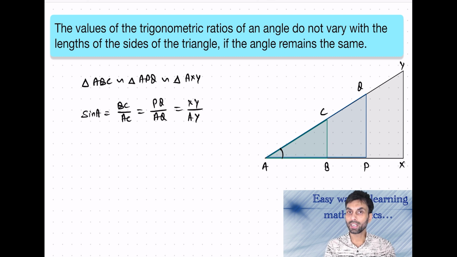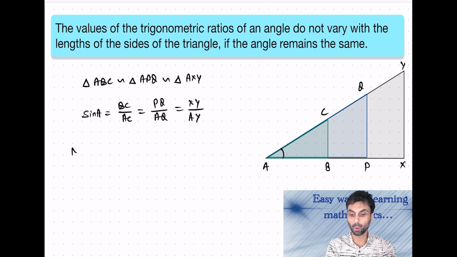In a similar way you can even find out for cos of an angle, sec of an angle, tan of an angle, cosec of an angle, and cot of an angle. I have just given sin A here as an example. The same rule applies to other trigonometric ratios also.